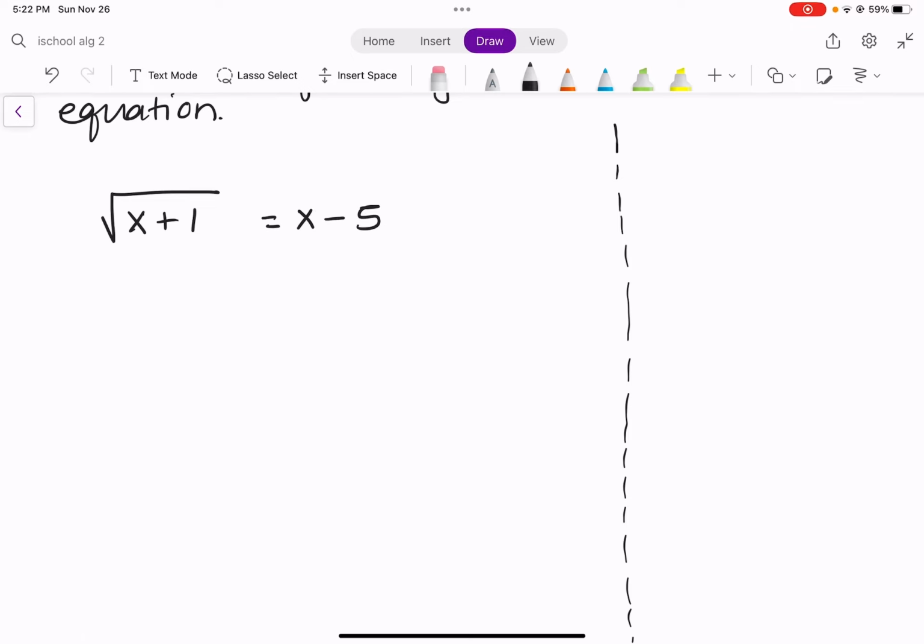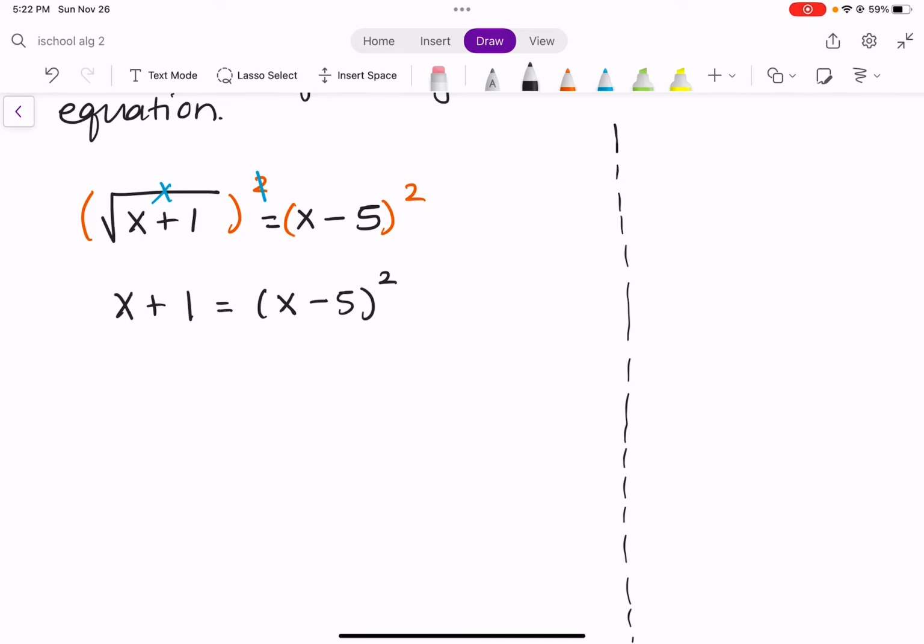Okay, so if you notice, our radical is already isolated, right? There's nothing else on that side. So we can go ahead and square both sides, right? And as we know, when we square a square root, it cancels out the square root. So we are left with x plus 1 equals x minus 5 squared.